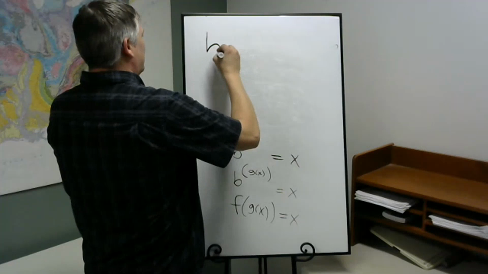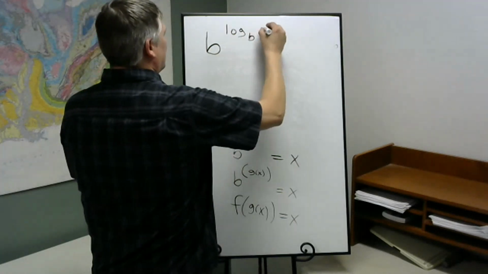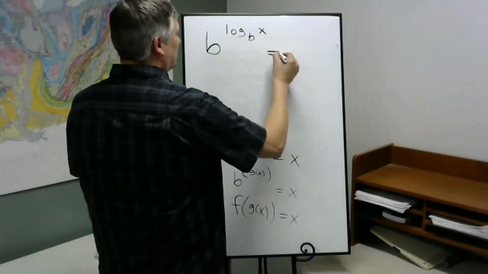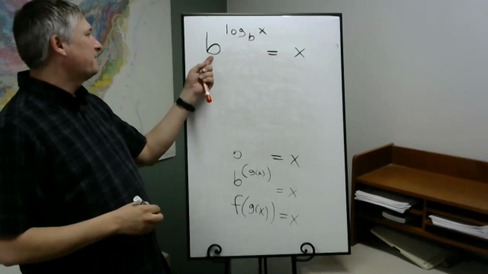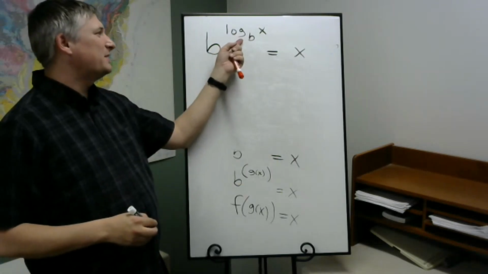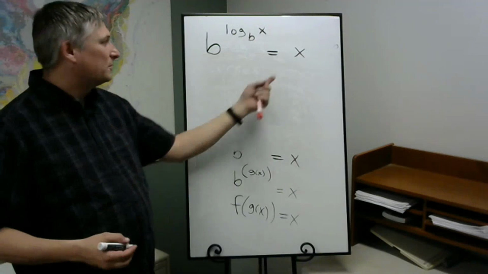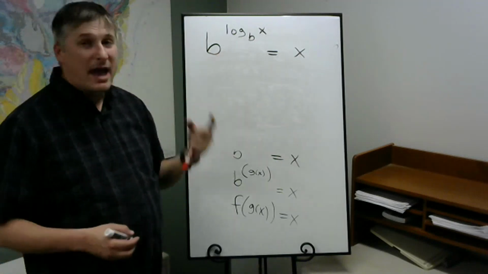So b to the log base b of x is equal to x. So this would be f composition g. This is when we stick g of x inside of f. They're going to cancel and just give us x. And again, the bases have to match.